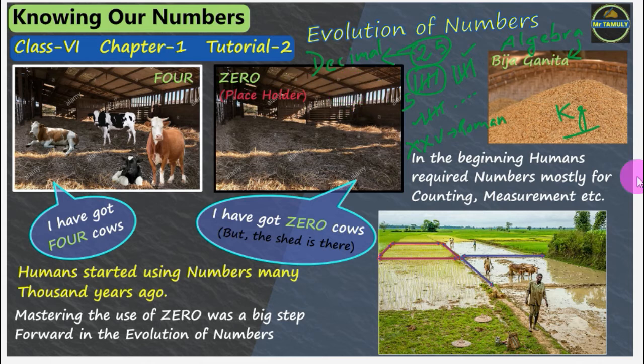About the first image, you can say that I have got 4 cows. And for the second image, you can say that I have got 0 cows. You are not saying that I don't have cows. Instead, you are saying that I have got 0 cows. Why so? Because you still have the cowshed.